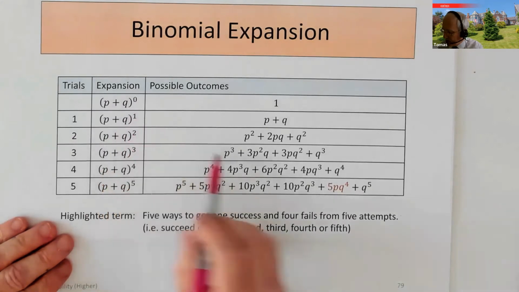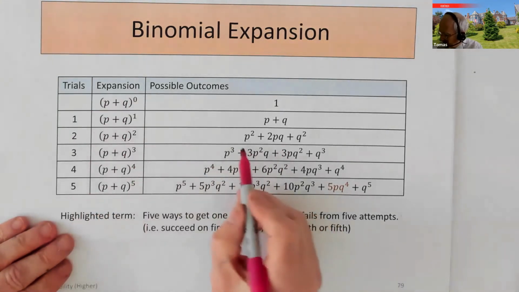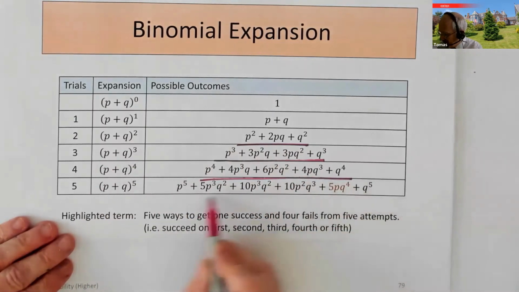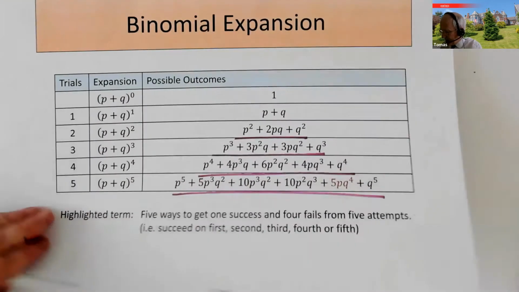Here's the binomial expansion. It starts with p plus q squared, p plus q cubed. And we've seen that as Pascal's triangle, sometimes nice like that.